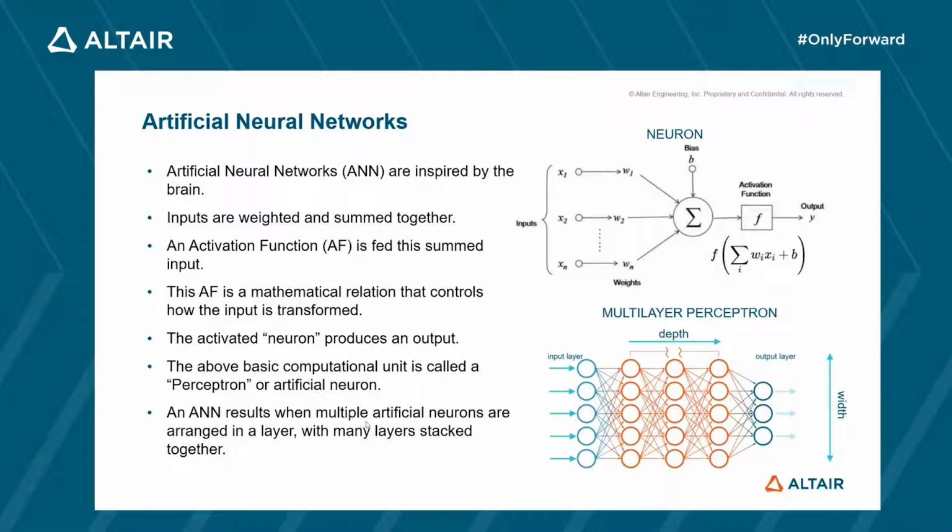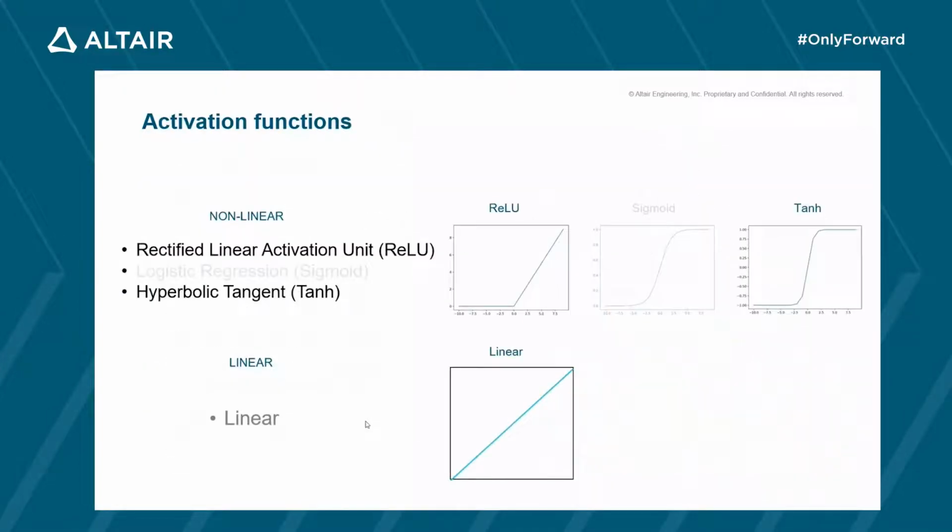So to briefly cover what an activation function is, it's simply a mathematical relation that decides whether or not an artificial neuron will fire or produce an output signal. We have different kinds of activation functions. We have the rectified linear unit, the logistic regression or sigmoid function, and the hyperbolic tangent function.